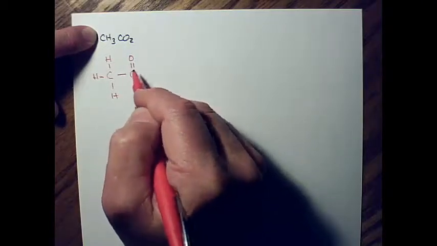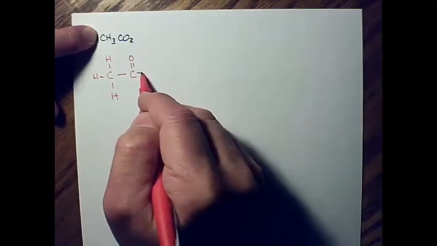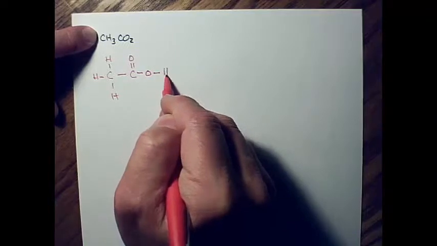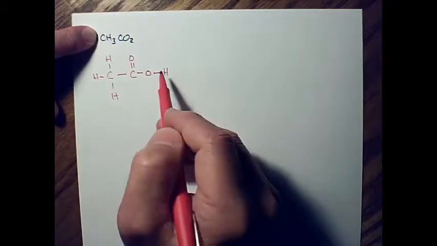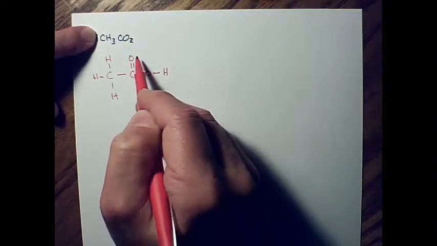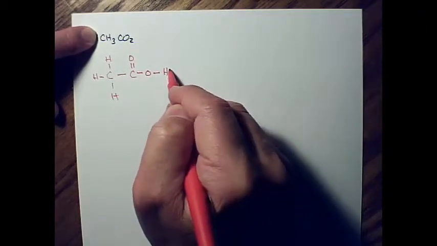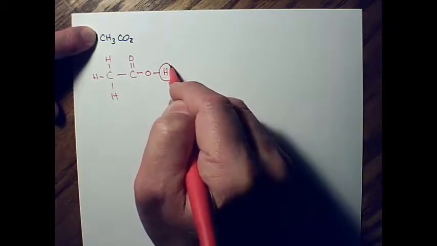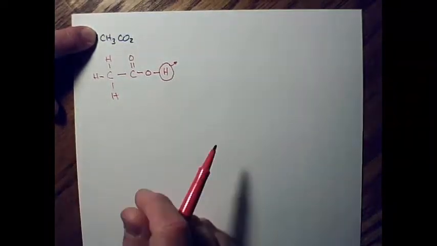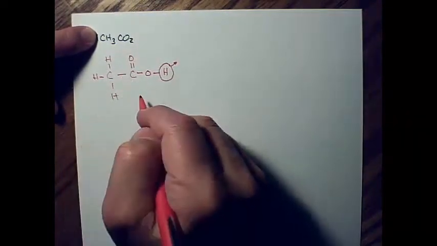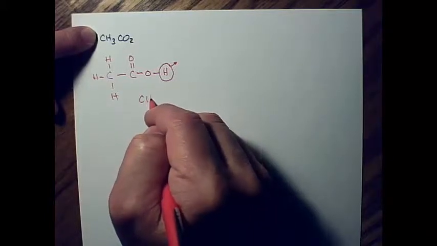That's a carbonyl. Remember carbonyl? And this we would normally call an alcohol, except that an alcohol right next door to a carbonyl forms a carboxylic acid. And this is the ionizable hydrogen, the one that leaves and forms a proton. Okay? So if we're writing this as if it were an organic acid, we'd write it like this.